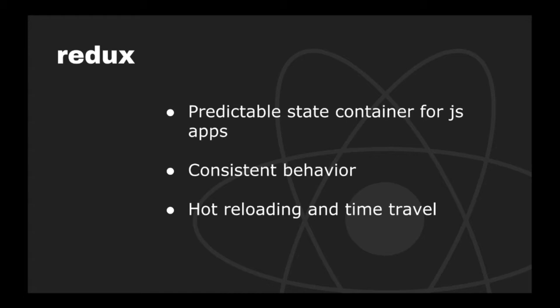And it allows some interesting development experiences, which are hot reloading for the code in the stores, and time traveling. We're going to see what they are in the course of other lectures.